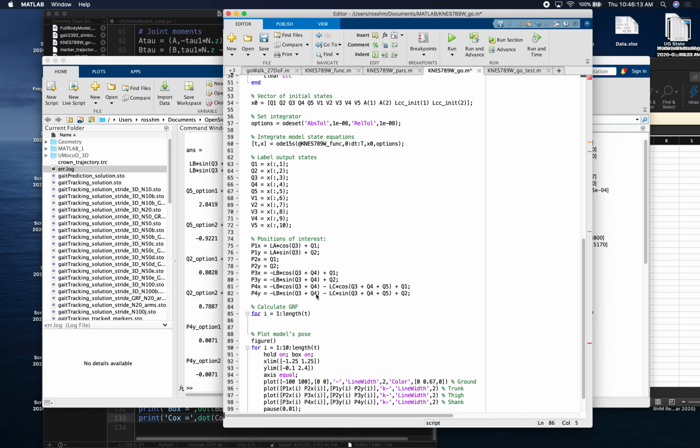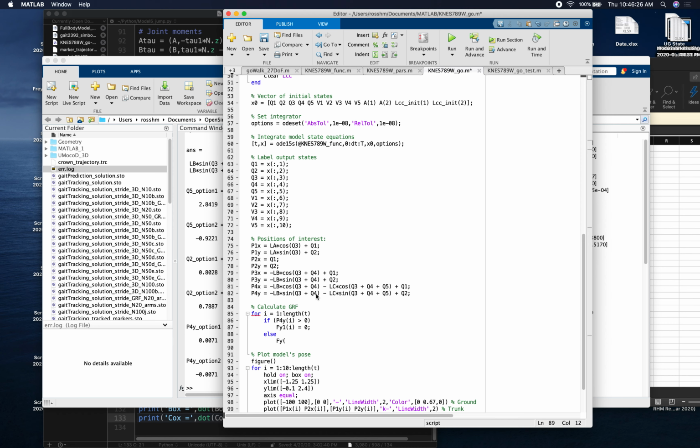And I've already got P4Y there, so if P4Y is greater than 0, then my ground reaction force is 0. Otherwise, I want to calculate a ground reaction force. It's going to be kgc times P4Y raised to the 2 times 1 minus bgc times P4V. Okay.